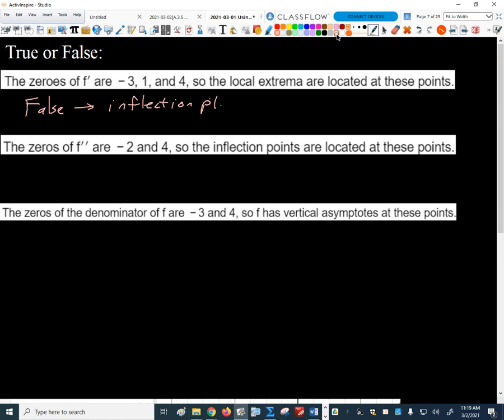Right, so it could just do something like this. What if we had a function that just went like that, right? Okay, how about the second statement? The zeros of the second derivative are -2 and 4. So the inflection points are located at these points.